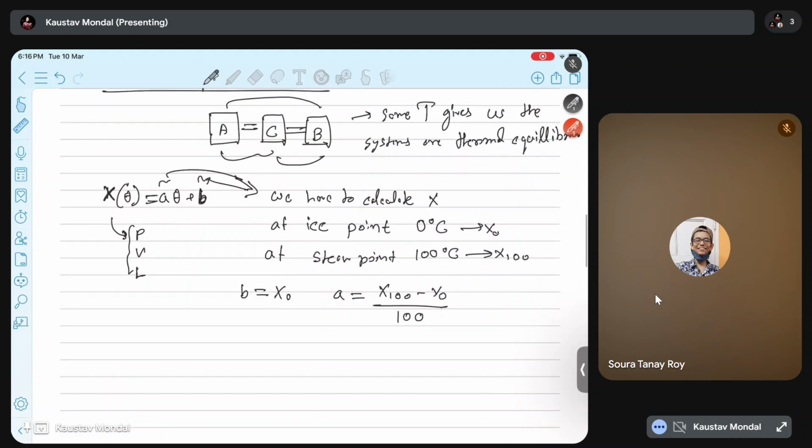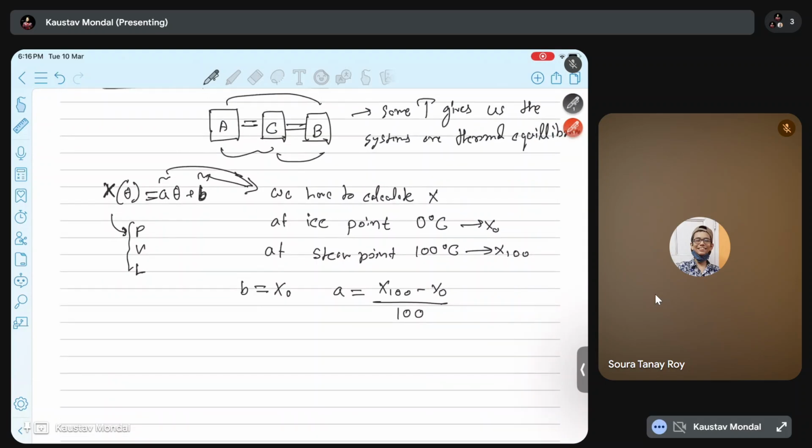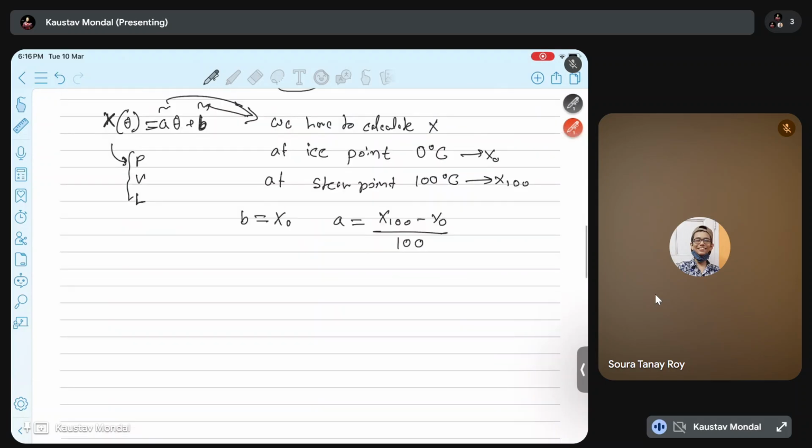And if you substitute these two things in this original equation, theta will go to the left hand side, so theta will become a function of x. So theta of x will be x minus x0 by x100 minus x0, into 100.